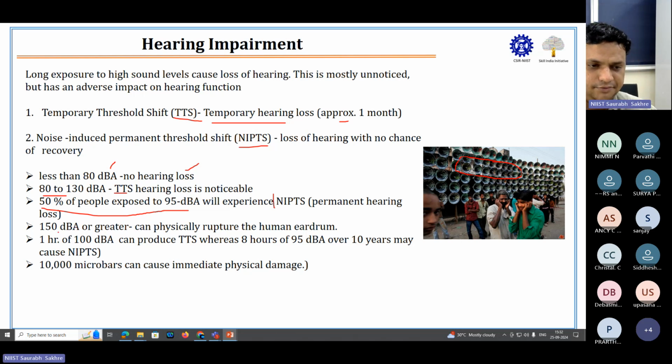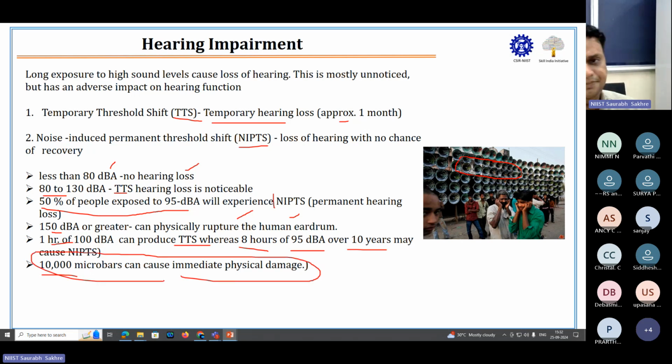If it is 150 dBA, for sure it can physically rupture the human eardrum. If you are exposed for 1 hour to 100 dBA, it can produce TTS. And if you are exposed to 8 hours of 95 dBA over 10 years, it may cause NIPTS. And of course, if it is about 10,000 microbars, it can immediately do physical damage to you.